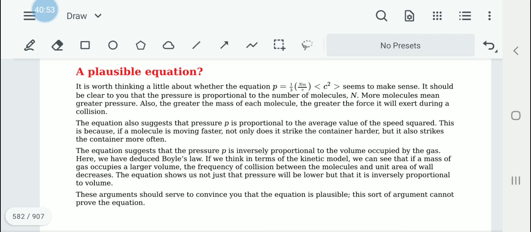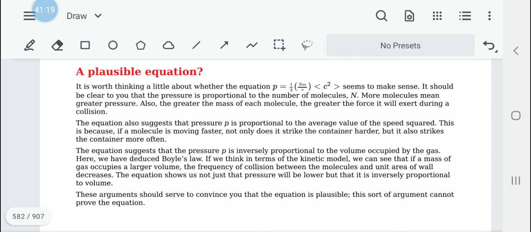Next point. P is inversely proportional to the volume, within brackets Boyle's law, because when the volume increases, the frequency of collisions reduces.